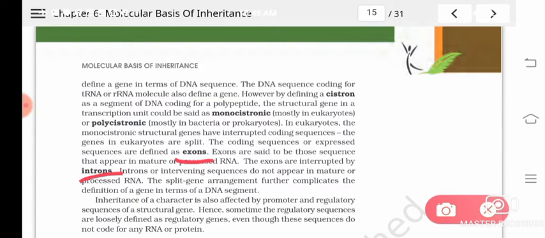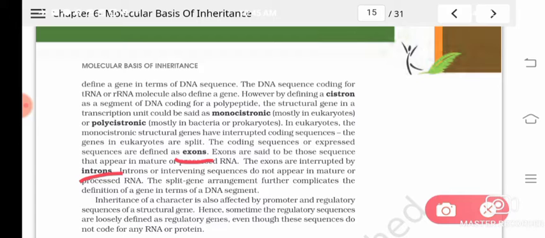Coding means able to produce proteins. The nucleotide sequences that are expressed and able to produce proteins are known as exons, and the ones which are not expressed are known as introns.